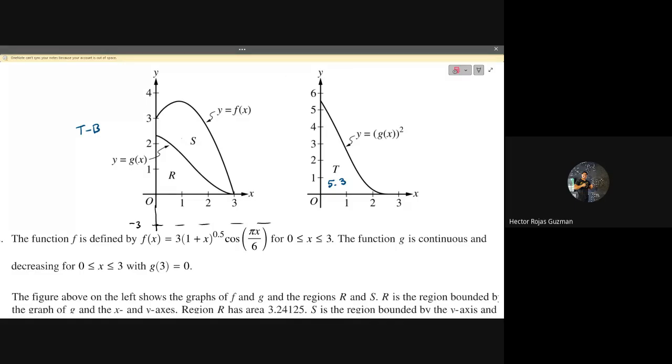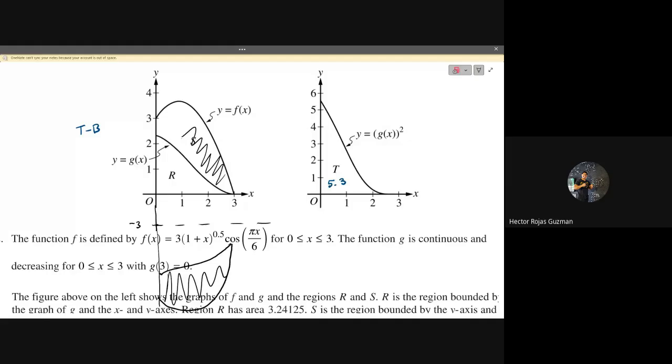And that creates a reflection. So something like this. It's not perfect, but it's kind of something like that, where this is shaded, and that's being revolved around the horizontal line -3.